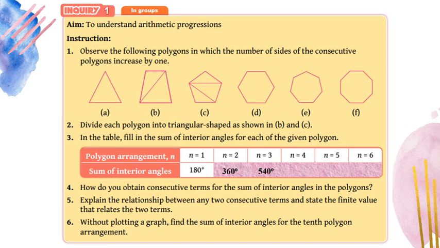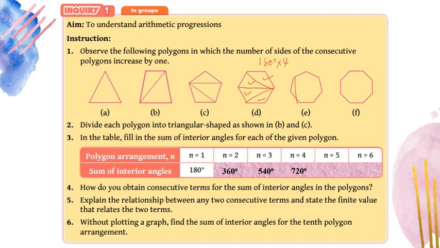So how about D? If you want to divide into triangular shapes, this is the first one, and then this one second, so we have 1, 2, 3, 4 triangular shapes. So 180 degrees multiplied by 4, you will get 720 degrees. And for this one, you proceed to divide into triangular shapes.